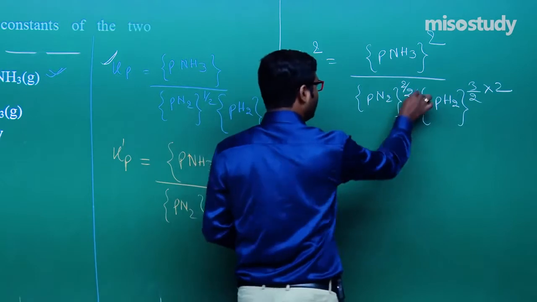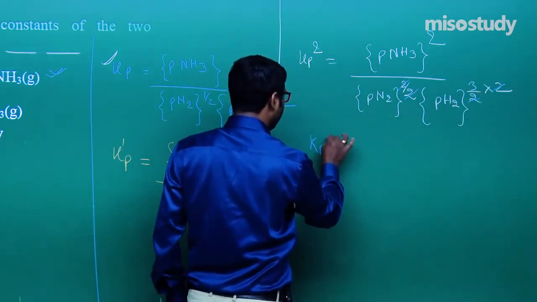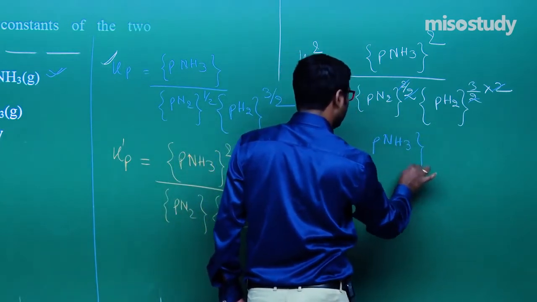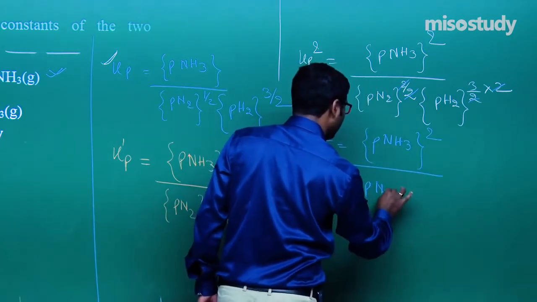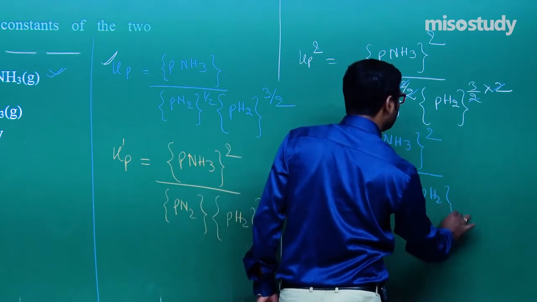Clear? Now this will cancel this one and this will cancel this one. So Kp square is equal to PNH3 to the power 2 upon PN2 and PH2 to the power 3.